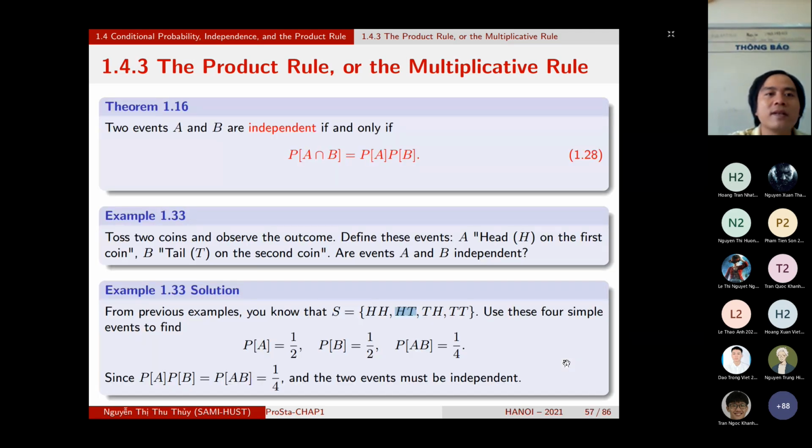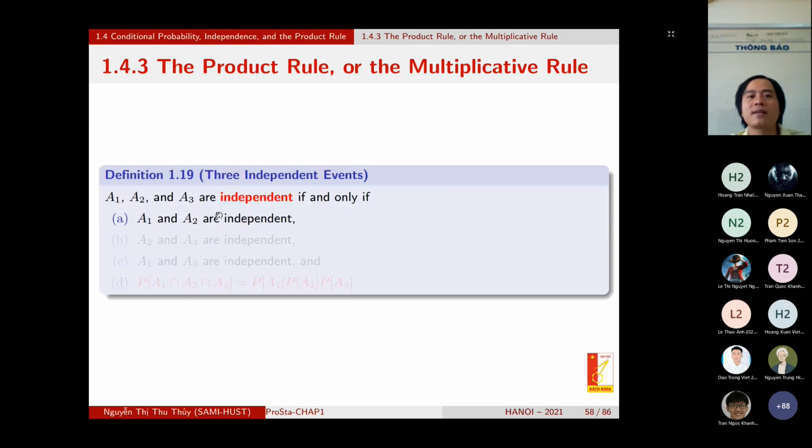Before, we gave the definition of two independent events, but now we consider the case that three events are independent. What does the definition say? The first condition is that each pair of the three events is independent.